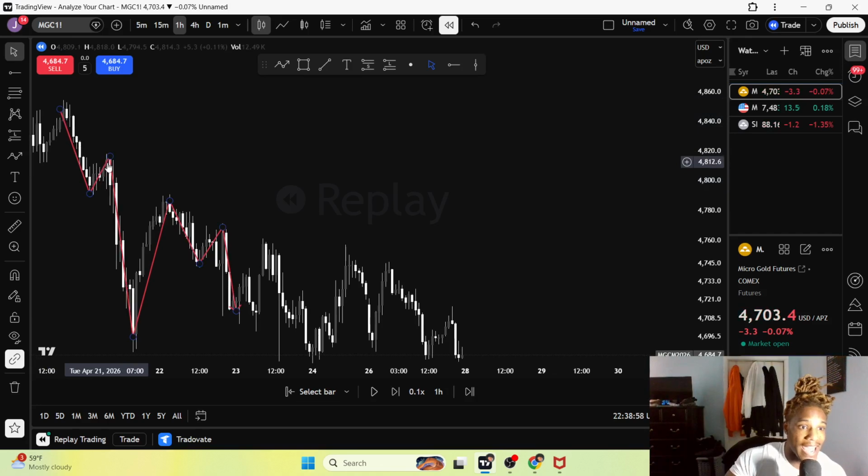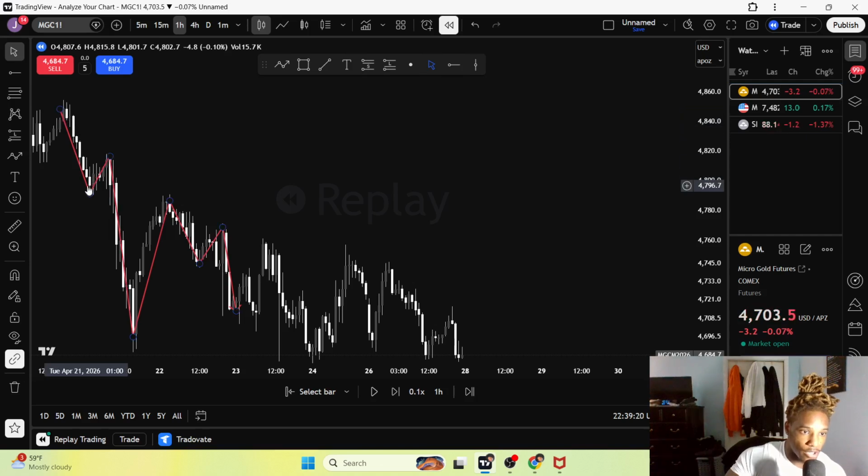The market came back up, created a high, but this high was never higher than the point of origin. Remember I said that in the example. A downtrending market creates lower lows and lower highs, but the lower highs never go higher than the point of origin. This is the point of origin.